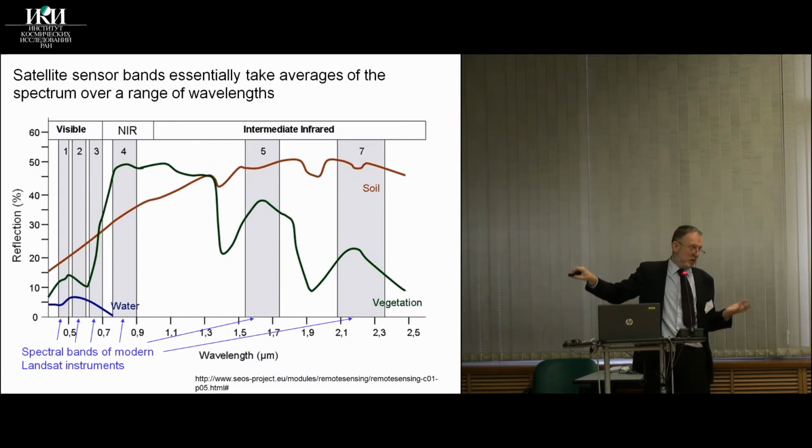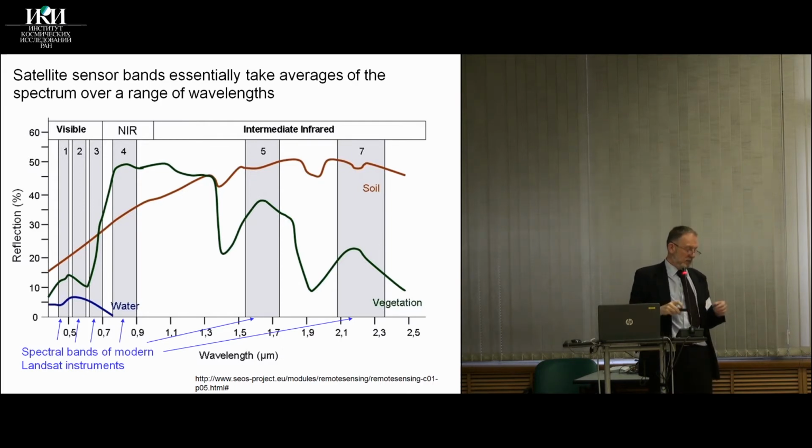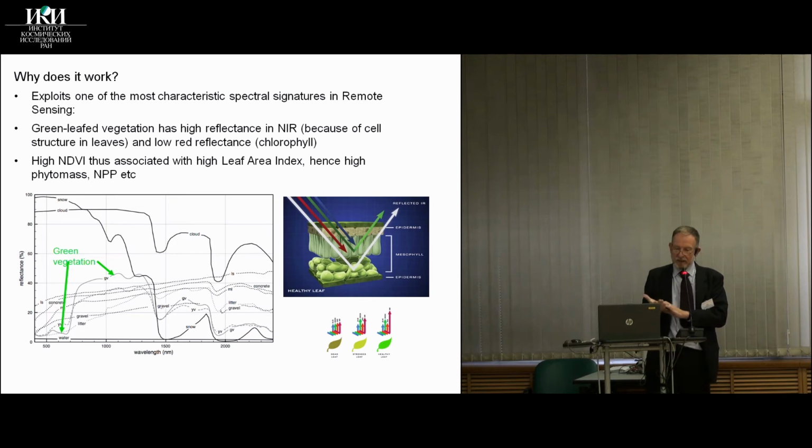So it's going to look green to our eyes. And then when we go into the infrared part of the spectrum, the reflectance suddenly jumps up and is much higher. And it's this contrast between the red reflectance here and the infrared reflectance here, which is the essence of what the NDVI does. So, why does this work, this NDVI idea?